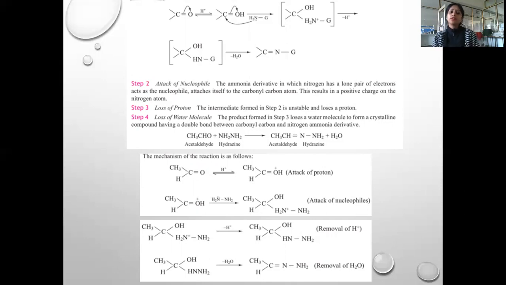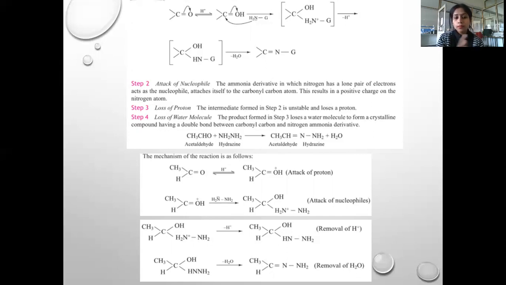Let us take an example with acetaldehyde and hydrazine. We know that the product is this hydrazone. There is a part of the aldehyde, and there is a part of the hydrazine. The product is a hydrazone. How does this happen? If we revise, the first step was the attack of the proton. The proton is attacking the aldehyde, and the next step is the NH2 of hydrazine attacking.